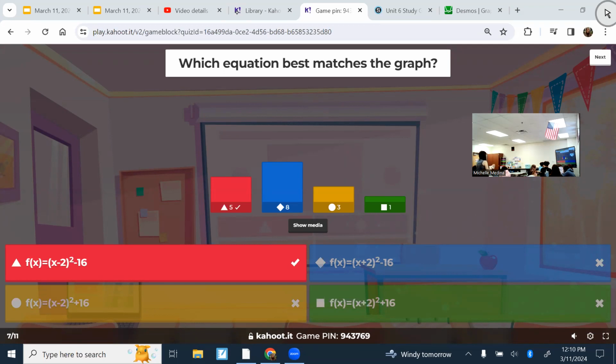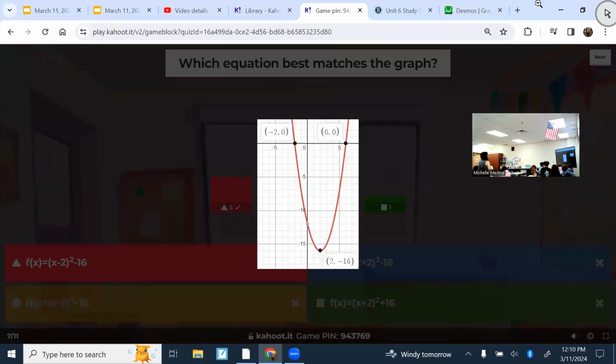They're all in vertex form, which again, I'm not providing you that formula, so you might want to memorize it by tomorrow. That utilizes the vertex, which is shown.